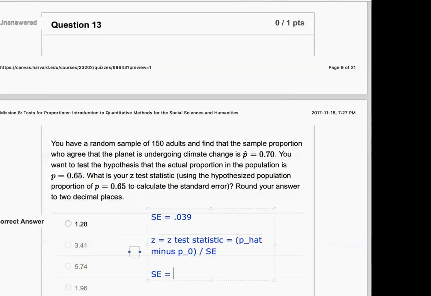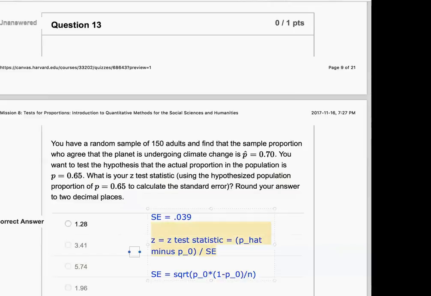And as I showed you before, take the square root of p naught times 1 minus p naught, divide that by our n, take that whole mess, and that will give us our standard error.